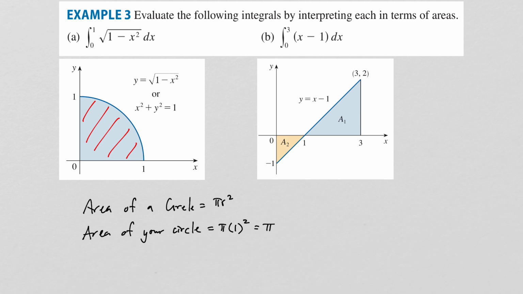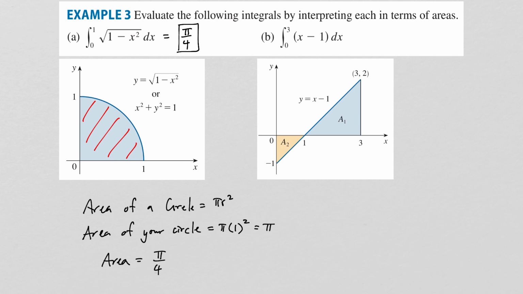However, the value of this integral isn't pi because we only have 1/4 of the circle. So the area in question here is just pi divided by 4. So the value of this integral must be pi divided by 4 because, again, it is just the area between the curve and the x-axis.